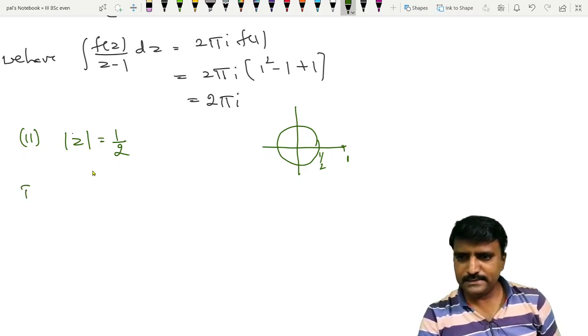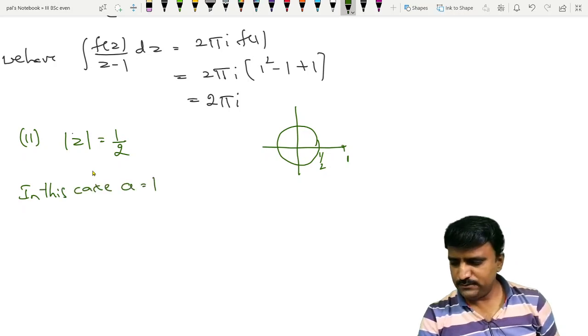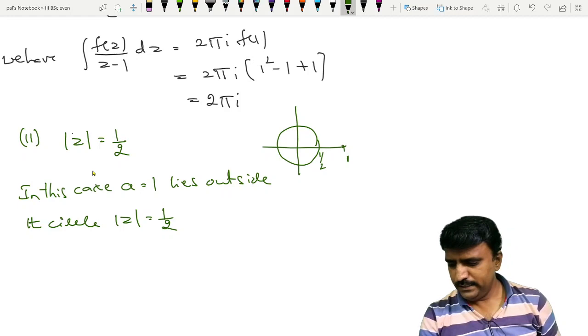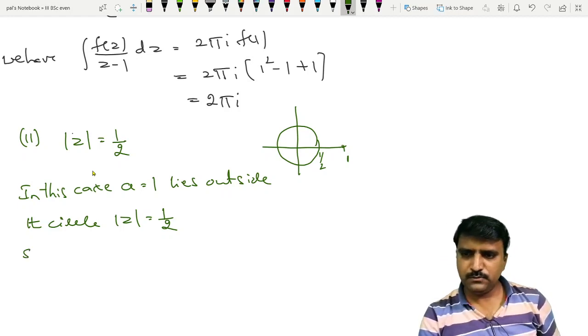In this case, a = 1 lies outside the circle |z| = 1/2.